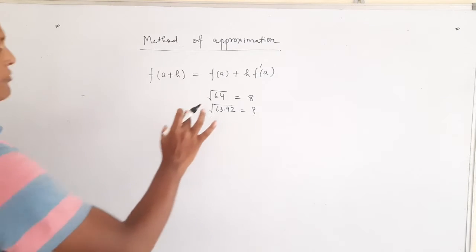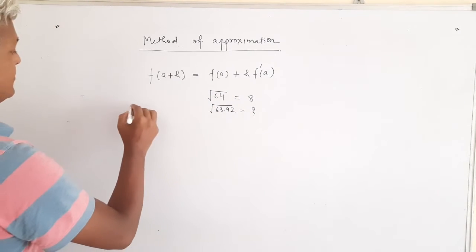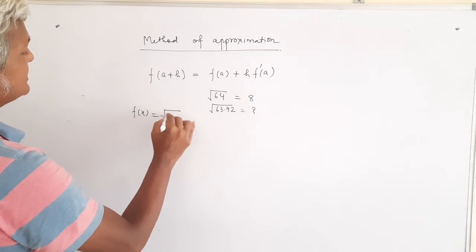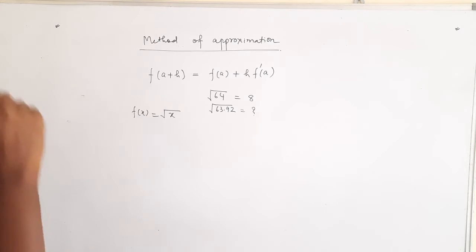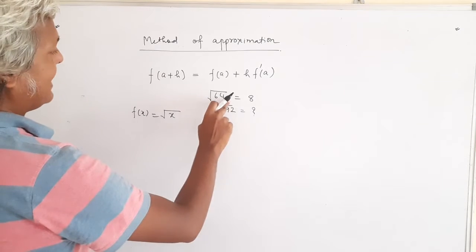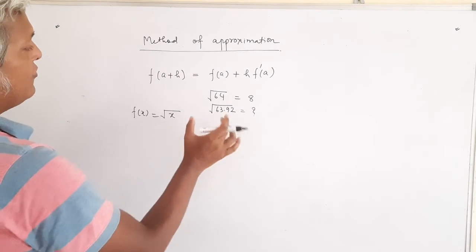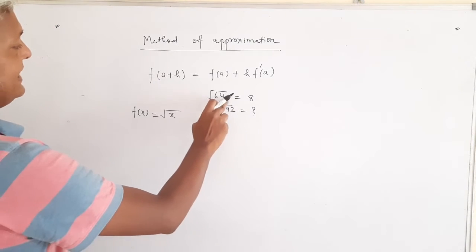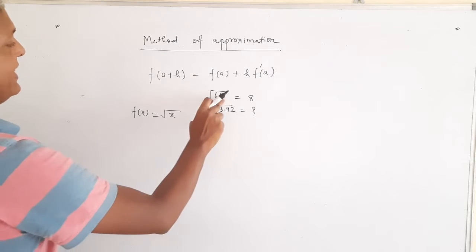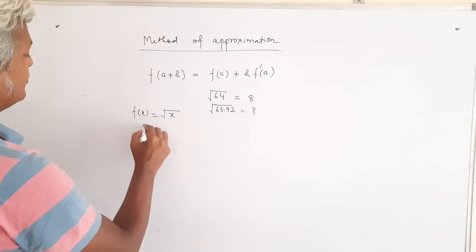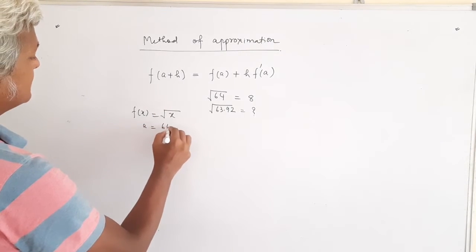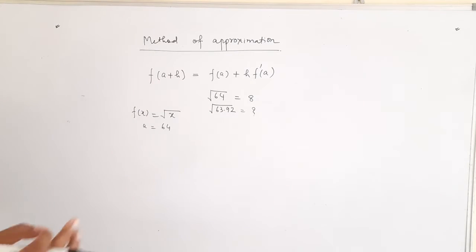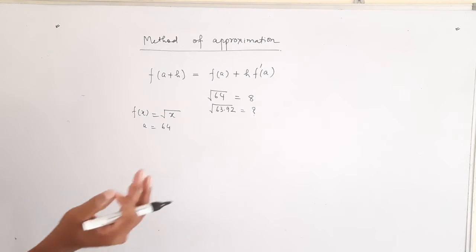Now let's try to understand what kind of function this is. The function is a square root function, so f(x) is the square root of x. Now what is the initial value? Try to find a number close to 63.92 and take that as the initial number. So a is 64, and this number you can say is a plus h. h can be a positive increment or a decrement.